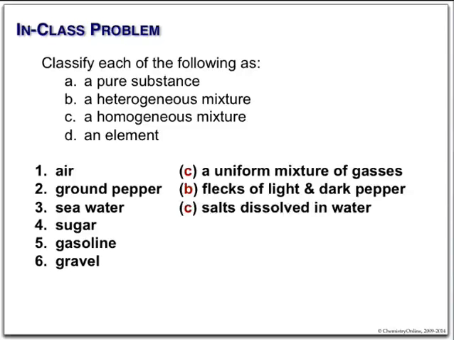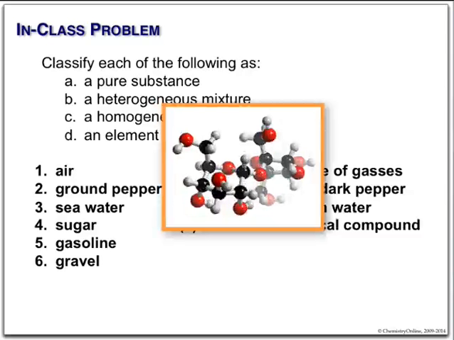Sugar. Sugar is a chemical compound. It actually looks like this. This is sucrose, so regular table sugar. It has a 6-membered ring here attached to a 5-membered ring here.